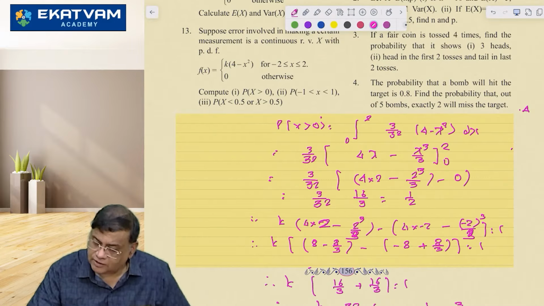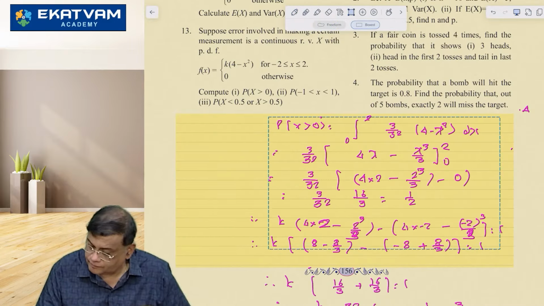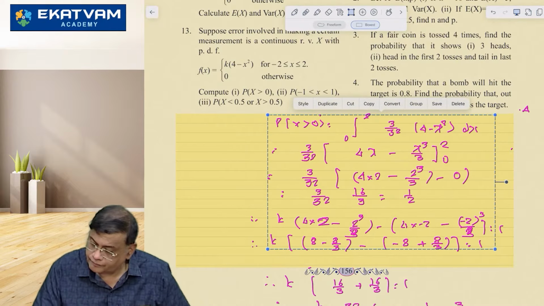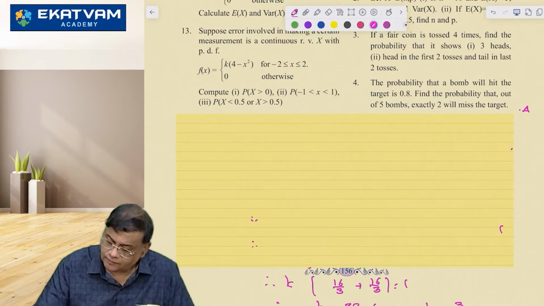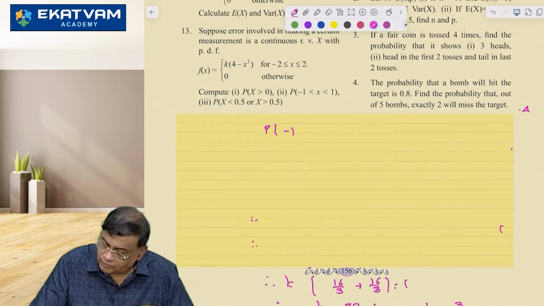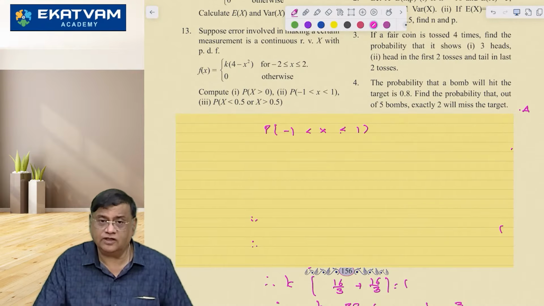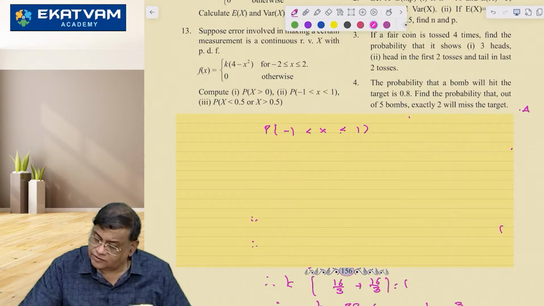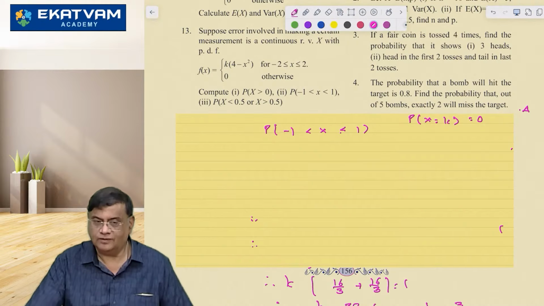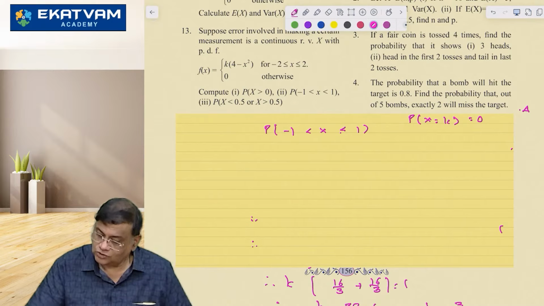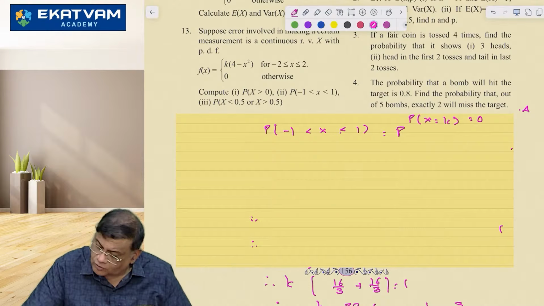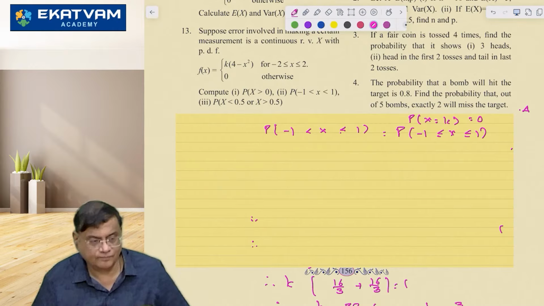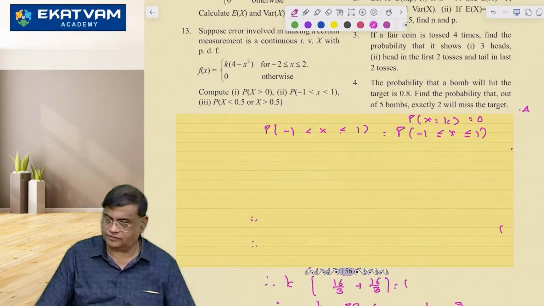Exactly again on the same lines. So minus 1 to plus 1, therefore probability of minus 1 less than x less than 1. Keep one thing in mind: in continuous distribution, probability of x equal to any constant is 0. Understood? So you may write this equality or not, it means the same. Both are the same in continuous but not in discrete.